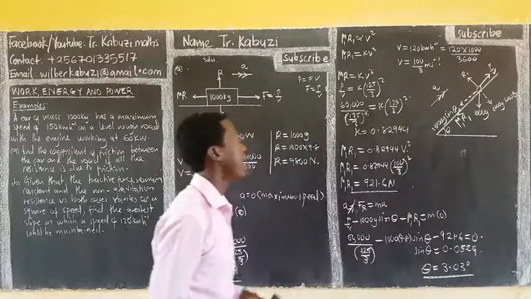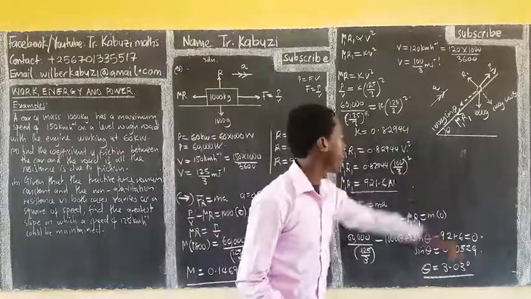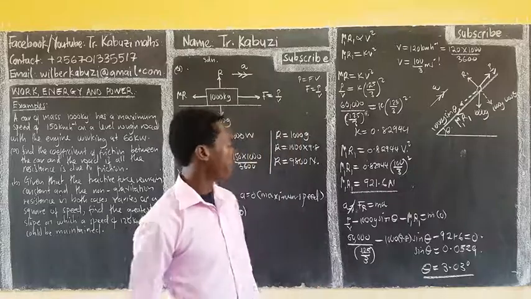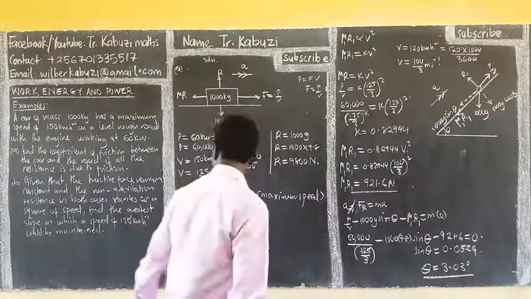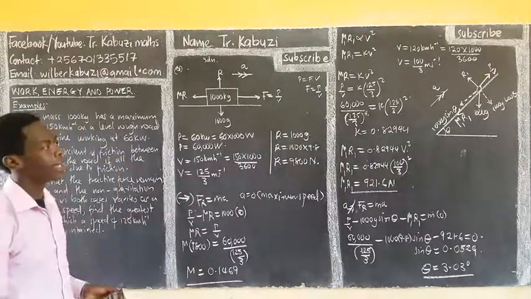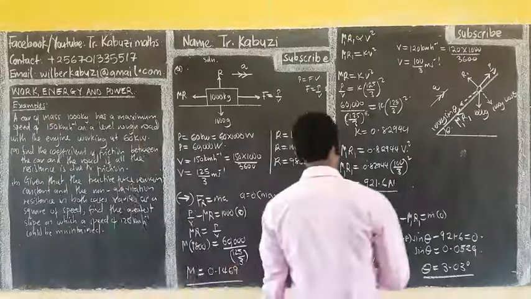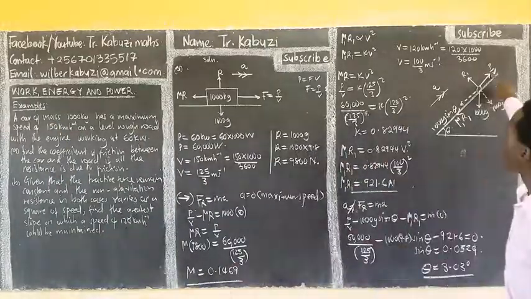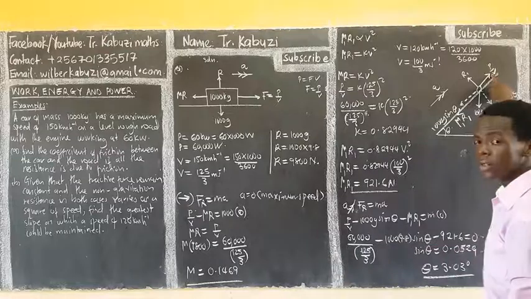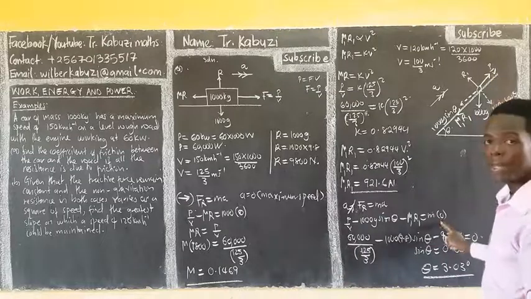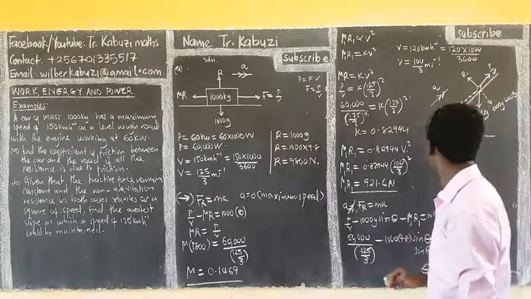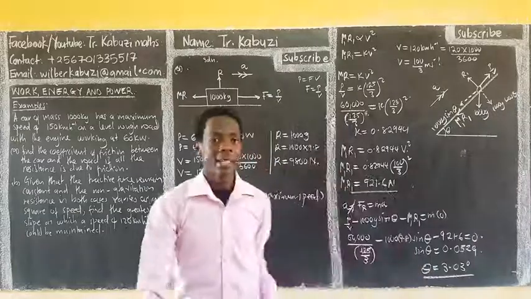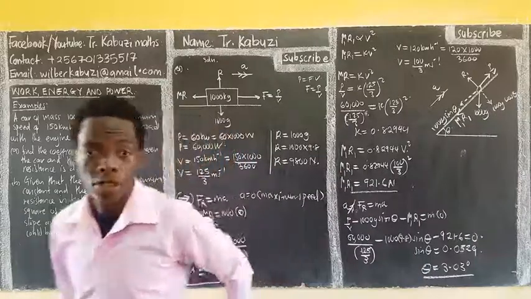That's the angle at which we need to incline this plane so that the speed of 120 kilometers per hour is maintained. Why did we use this? Because the speed at which the engine is working is not going to change. That's why it's at maximum, and that's why we used even this to be 0. So that's it, members, we are going to see more examples. See you.